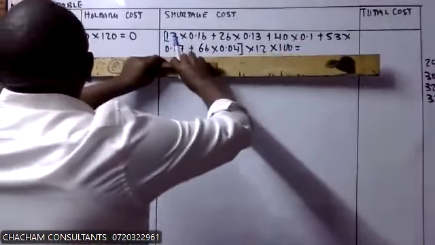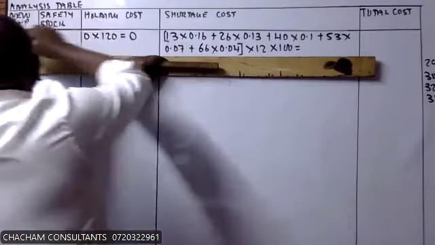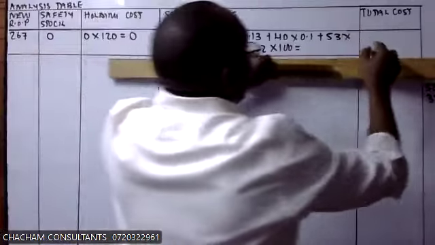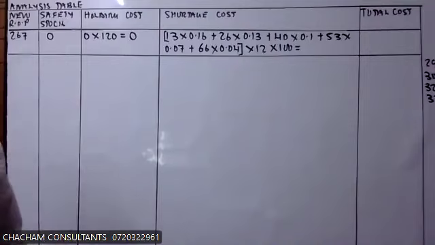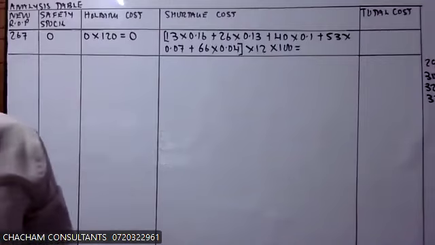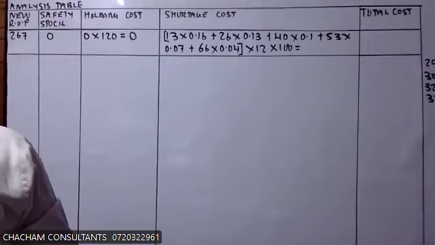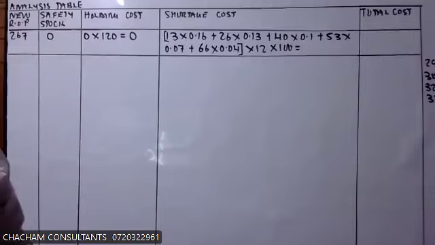So with that now we'll be able to know what is the expected shortage costs. $18,972.